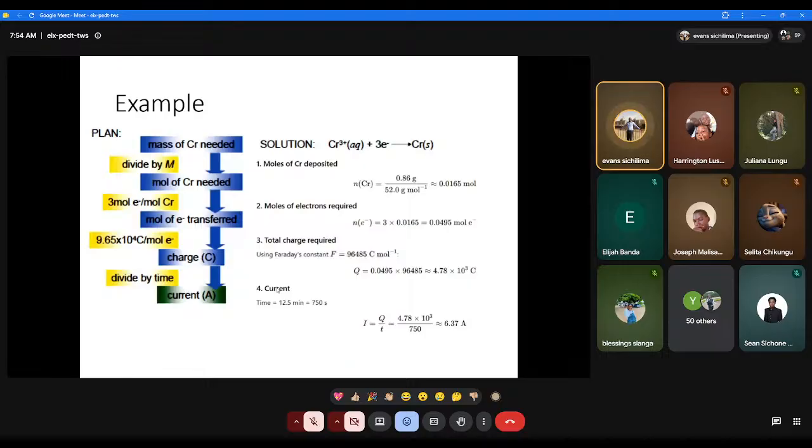So when you go to industries like Mopani and these other producing companies, the mining companies, they take keen interest in such kind of calculations to see how much is being spent.